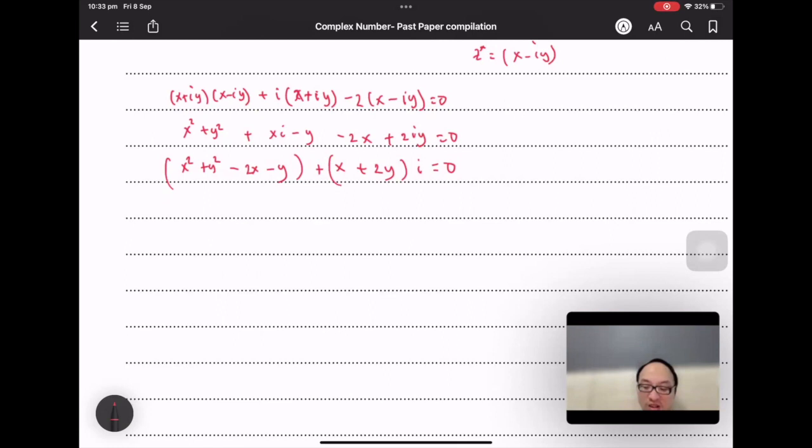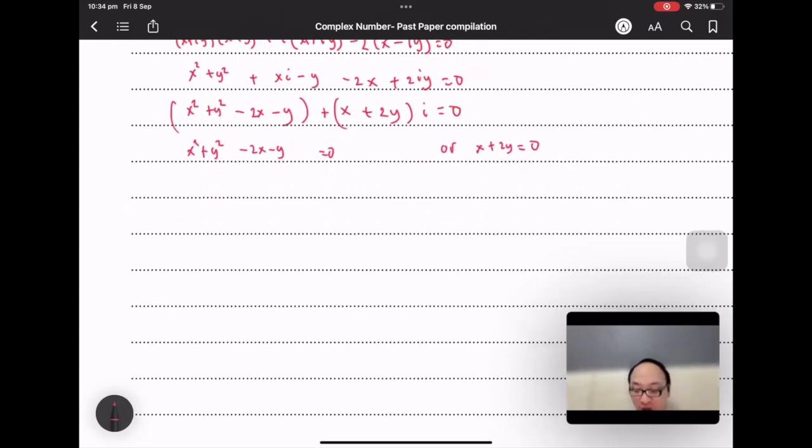So from here, I have x squared plus y squared minus 2x minus y equals 0, and x plus 2y equals 0. So x here is equal to negative 2y. So (negative 2y) squared plus y squared minus 2(negative 2y) minus y equals 0.